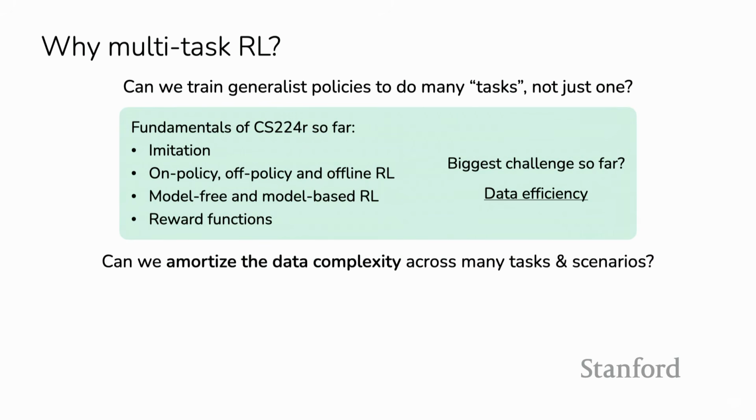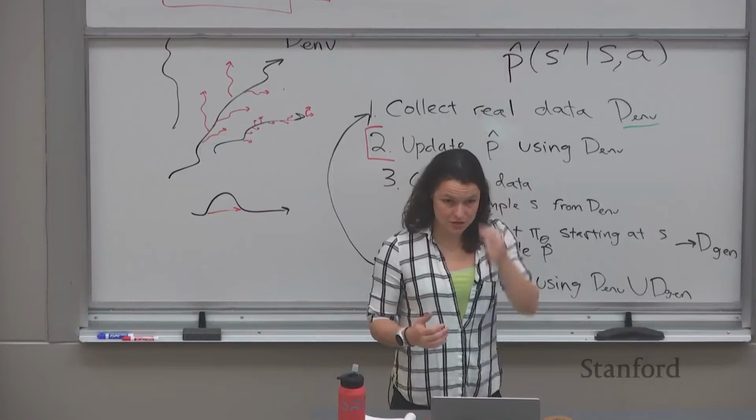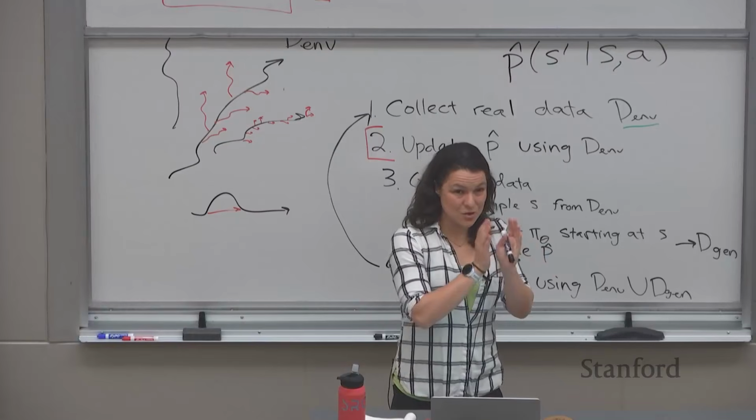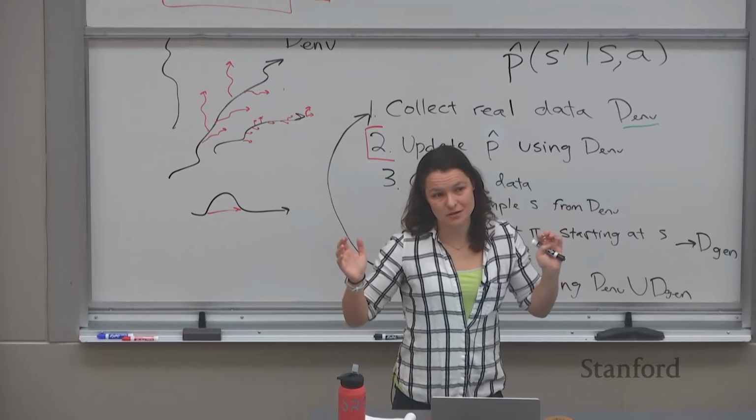And if our ultimate goal is to train something that can do multiple tasks at once, then we can actually amortize the complexity of learning any one task by training that policy across tasks and across scenarios. So it can be a boost for data efficiency, in the sense that the data needed for training any one task will be lower when you're training everything together.